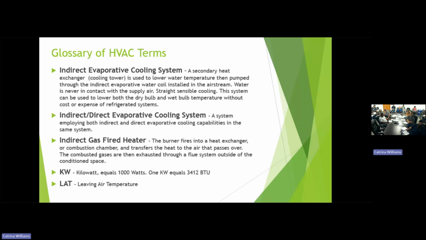Now they also get into an indirect-direct. We do an indirect evap cooling, drop it down quite a ways, and then we can put in direct evaporative cooling after that and lower it a few more degrees. Again, on level 2, we go through an example. We can show you what the temperature can get down to without putting refrigeration systems in it.